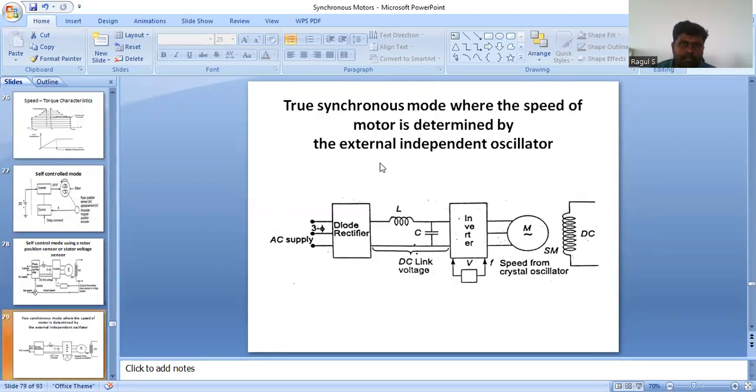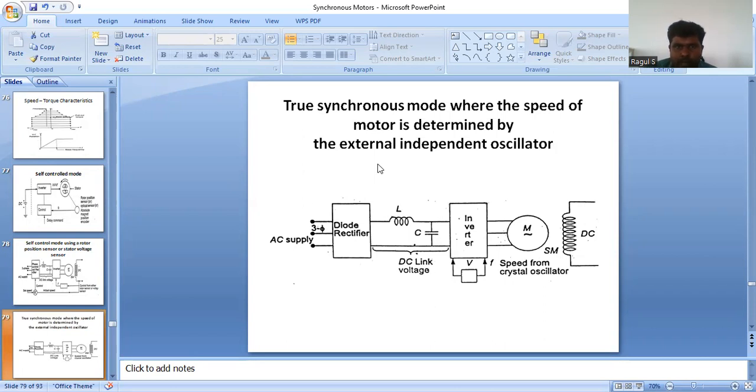In some cases, there is the true synchronous mode. In this true synchronous mode, the speed of the motor is determined by external independent oscillators. There are no comparisons in this control method, and there is no need for actual output.